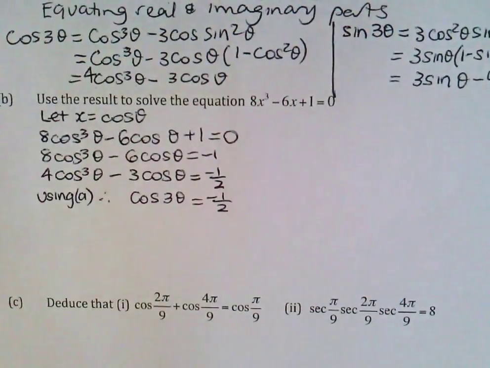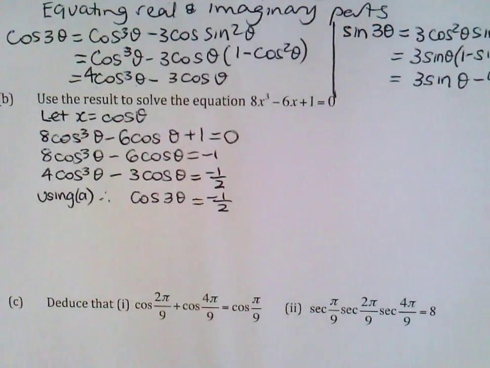And now this just becomes, we're not asked to solve this in any particular domain, so we need to give the general solution. Cos of what is a half? Cos of 60. Okay, remember it's negative, so we're not talking quadrants 1 and 4, we're talking quadrant 2. Has to be quadrant 2, not 3.